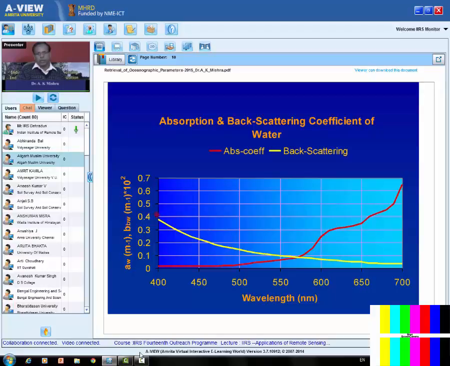In the reverse way, the scattering is more in the blue end of the spectrum, and gradually it is decreasing towards the red end of the spectrum. So if you have a satellite imagery of infrared or red wavelength region, the water will appear dark. This is due to absorption of the sunlight by the water molecules.